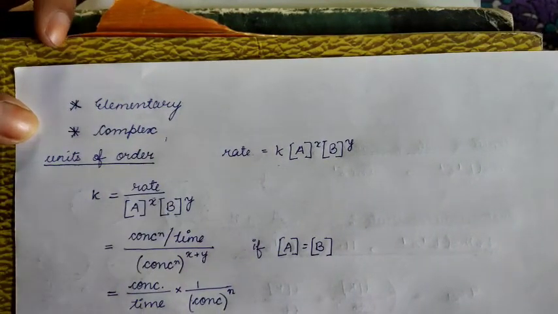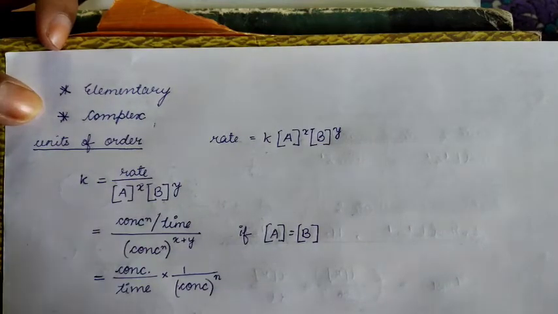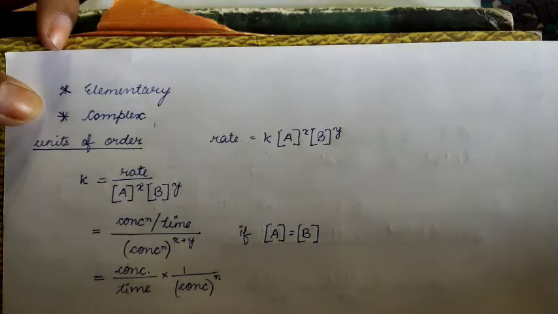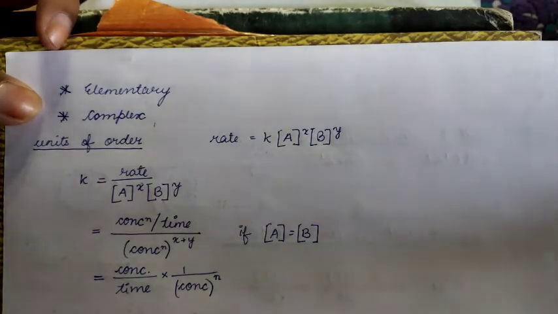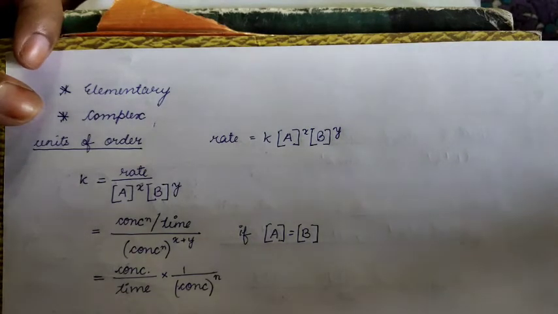Elementary reactions are those reactions which take place in one step. In one step it gets over, while the complex reactions are those reactions which do not occur in one step, but they undergo a sequence of steps. There are so many steps in between, and you know that in between those intermediate products are occurring.